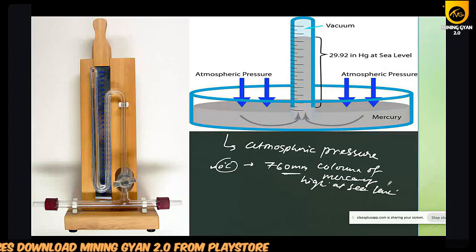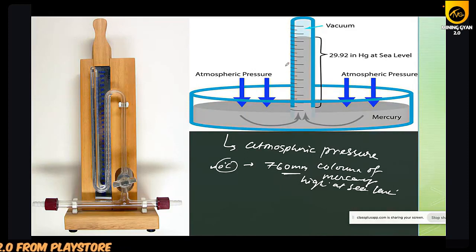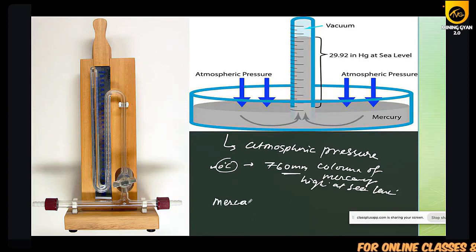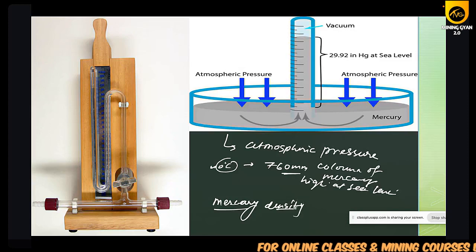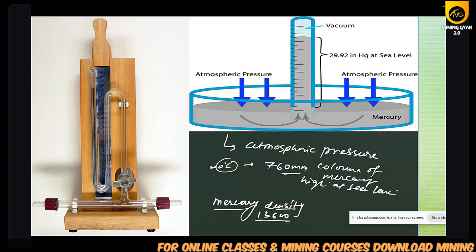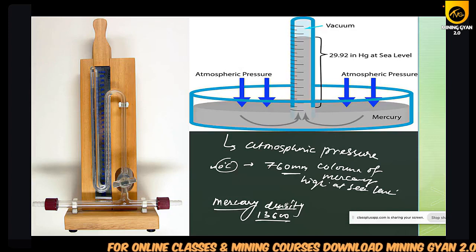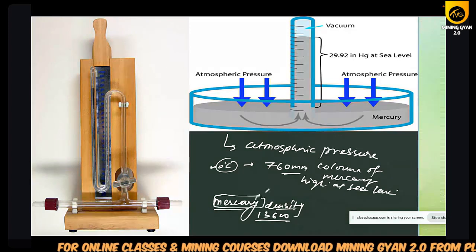So I thought I will show some images so you will understand. Here, this will increase and you will know what the atmospheric pressure is. If you want the mercury density, it is 13,600, which is the highest.